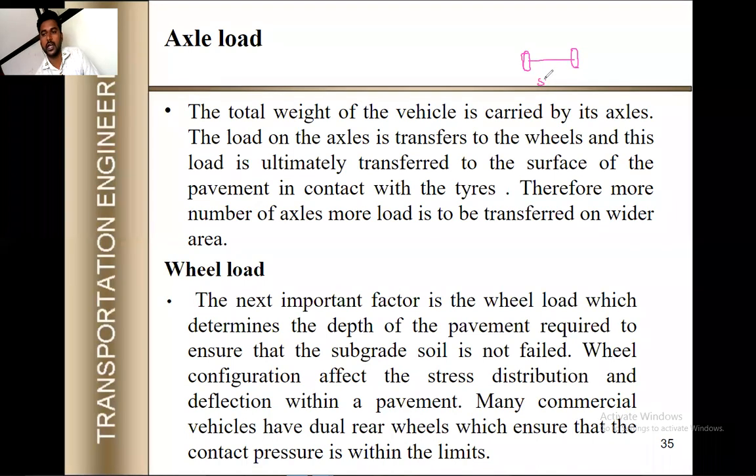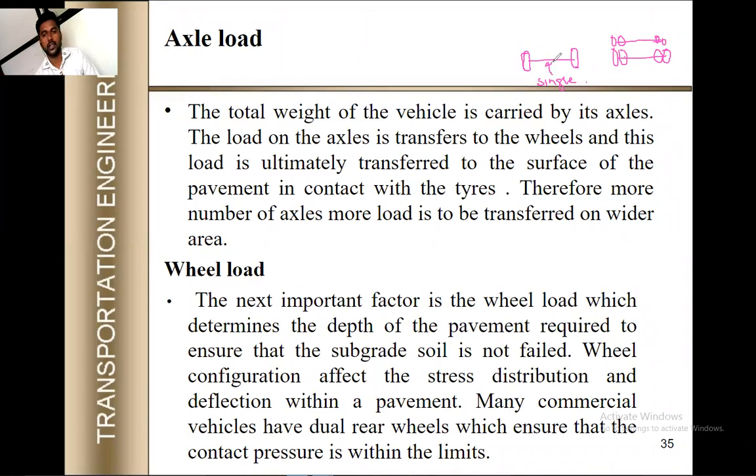This is called a single wheel, single axle. If there are two wheels provided with the axle, it is a double wheel, single axle. Likewise, if another axle is provided, a double wheel, double axle will be there.